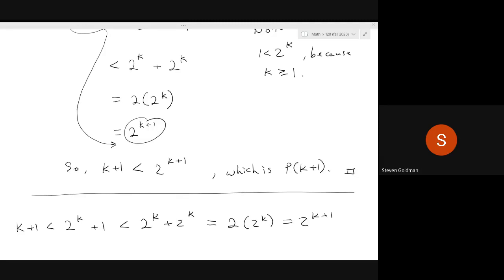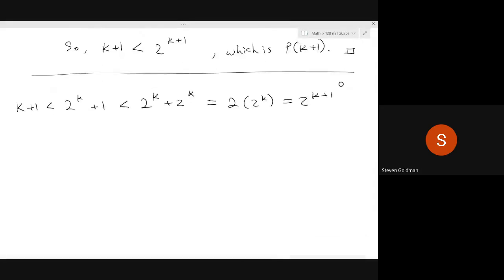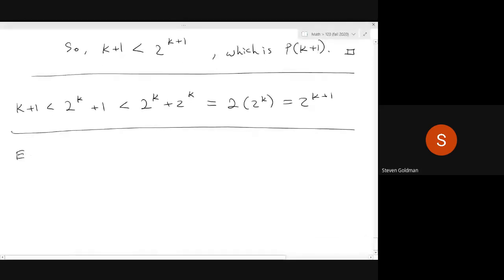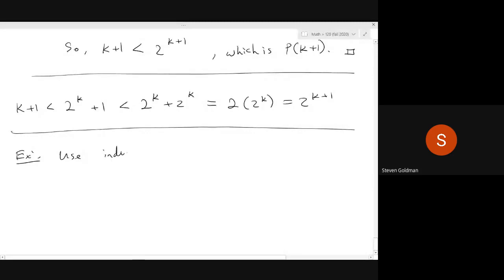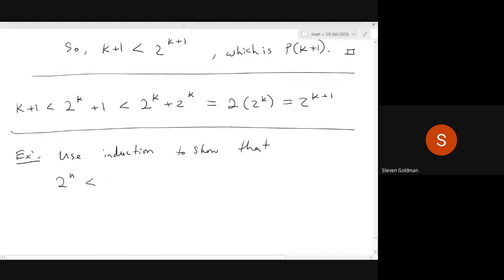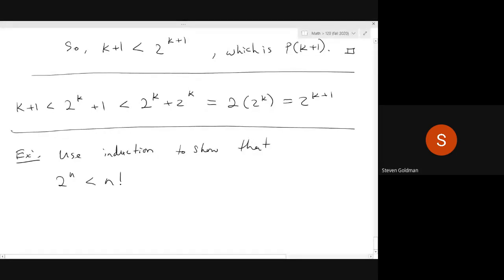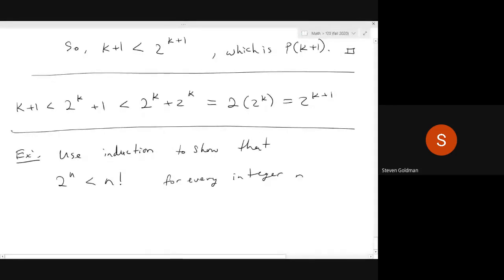Okay. Let's try another one with inequalities here. Let's say I ask you, use induction to show that 2 to the n is less than n factorial for every integer n with n greater than or equal to 4.